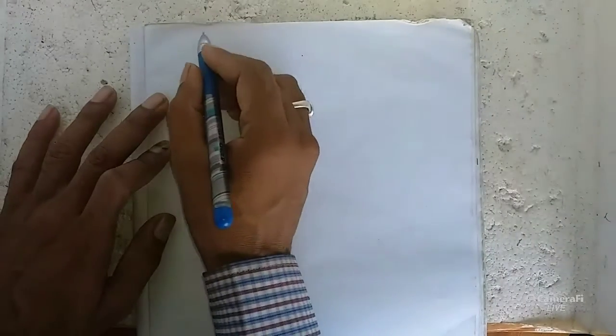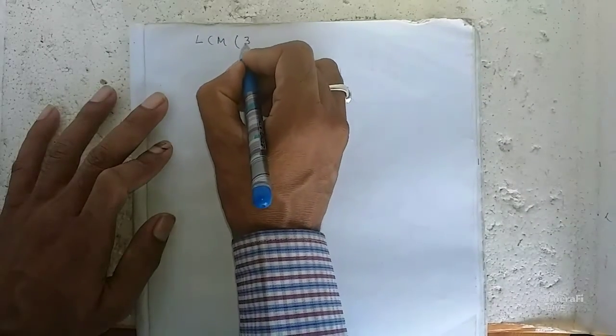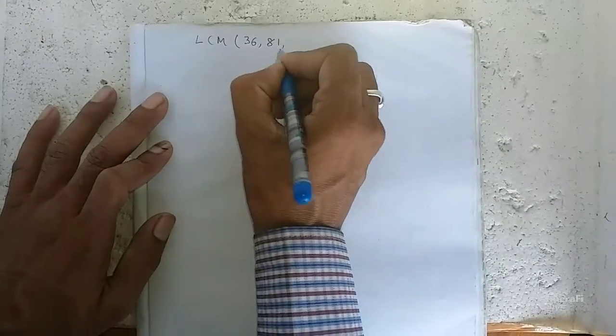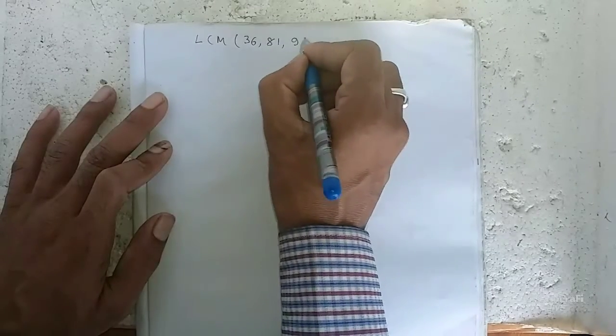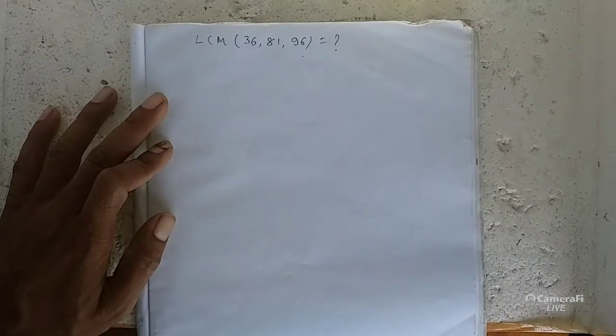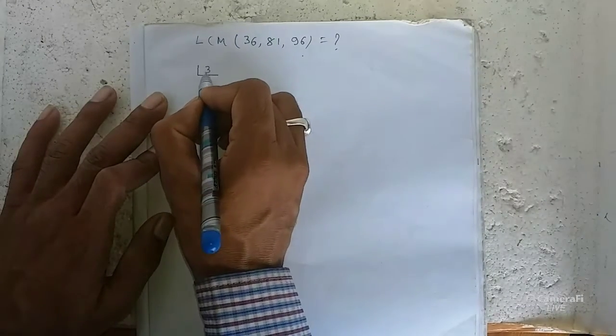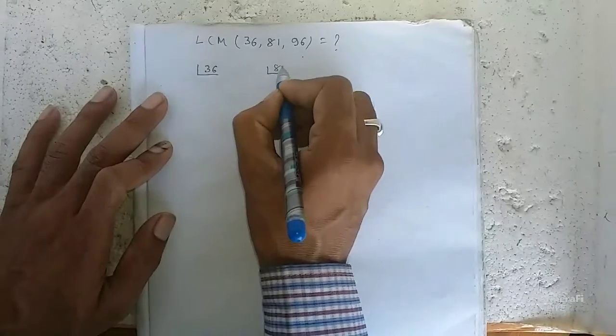Now let us find the LCM of another 3 numbers. Suppose we have to find the LCM of 36, 81 and 96 in the same prime factorization method. Let us apply this. First we will factorize each of the numbers.